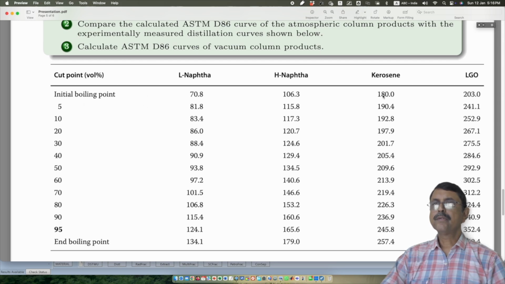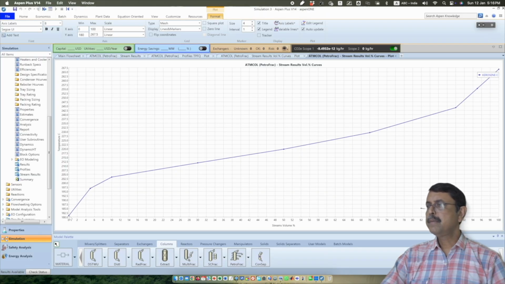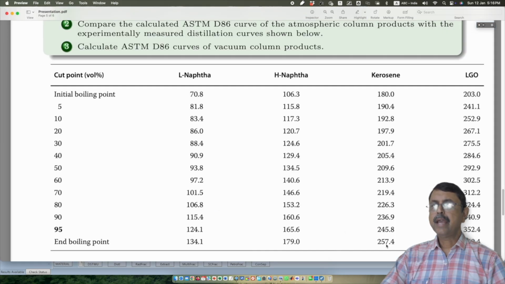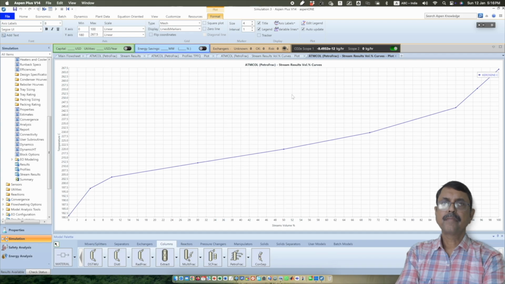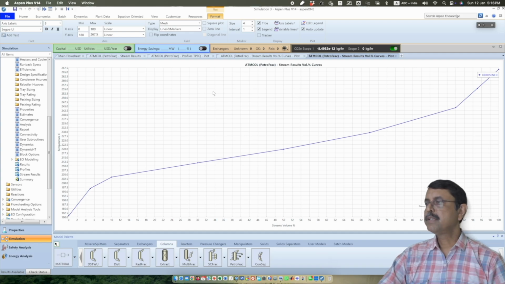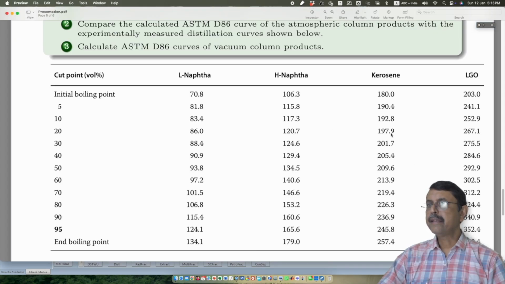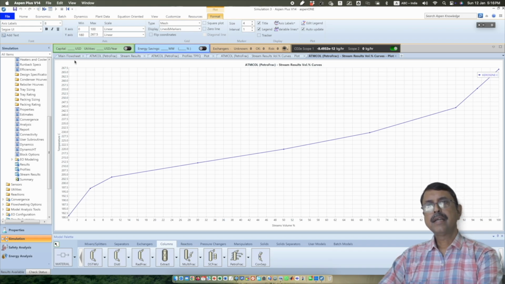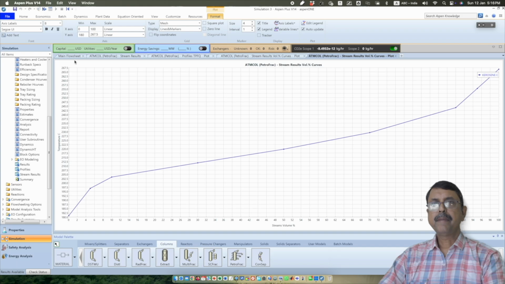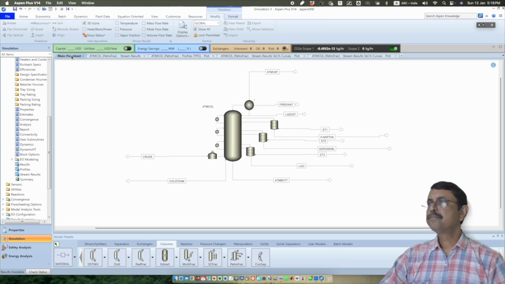The minimum is 180. Here also it is minimum 180. And maximum it is 257. It is around 250. So kerosene is matching. Okay. So this information is matching with the experimental data. Right? So that's how you compare the experimental data with Aspen found information.